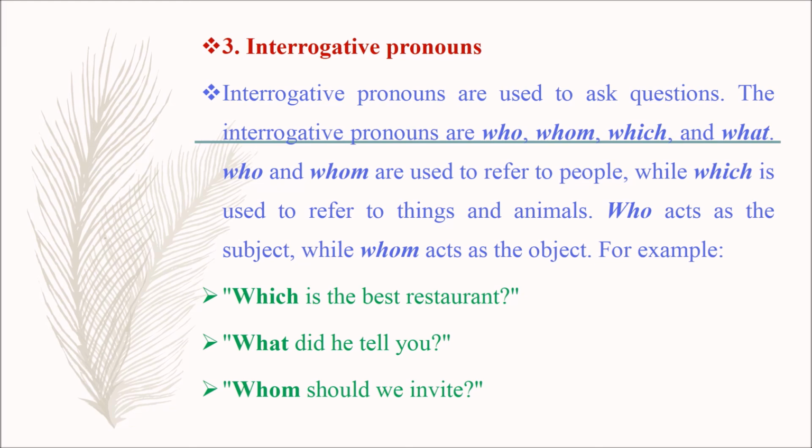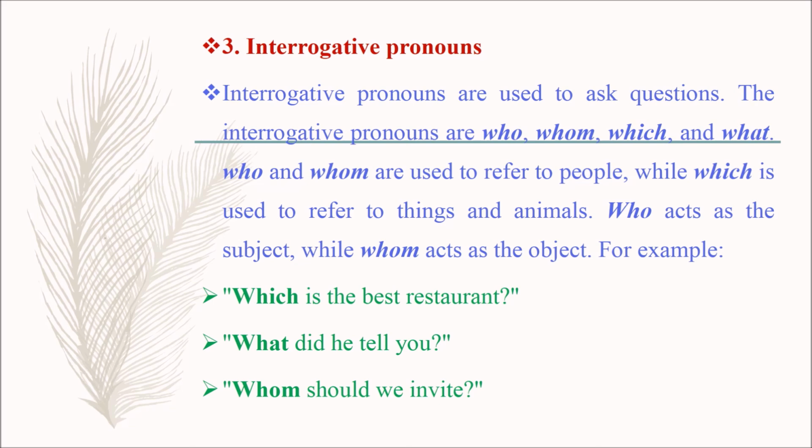Next, we are going to learn about interrogative pronouns. Interrogative pronouns are used to ask questions. The interrogative pronouns are who, whom, which, and what. Who and whom are used to refer to people, while which is used to refer to things and animals.